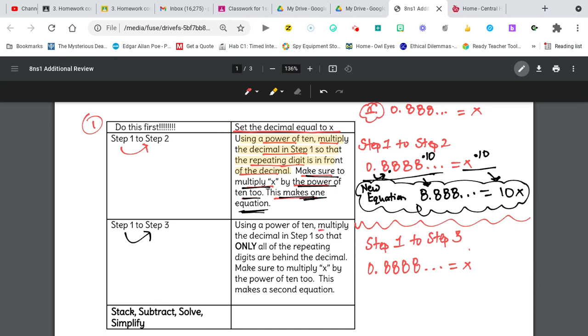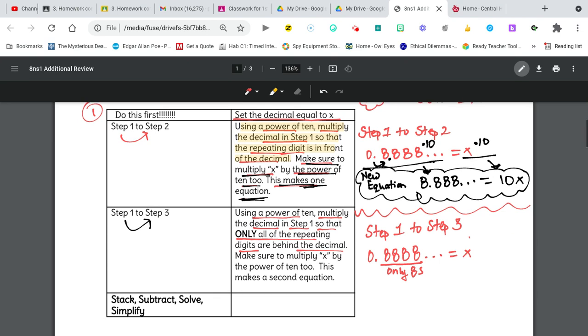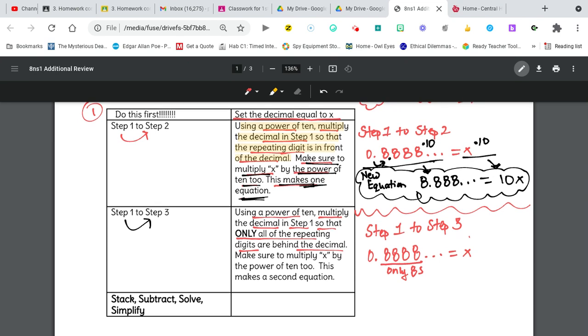It says, using the power of 10, multiply the decimal in step 1, which I wrote down, so that only all of the repeating digits are behind the decimal. So what digits are repeating? Well, only the 8s are repeating. Well, what's behind the decimal already? Only 8s are behind the decimal. So I've got all the repeating part, and only all of it, behind the decimal. So I don't multiply by anything.